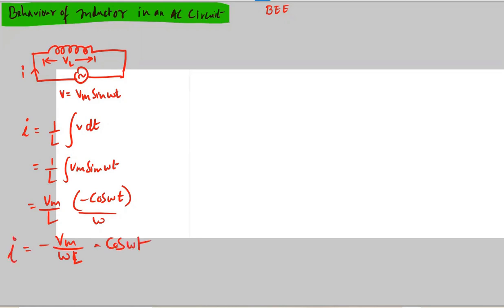So in V we had sine, for I we have cos. So sine and cos, to make it similar, we can write I equals Vm upon omega L into sine of omega t minus pi by 2.